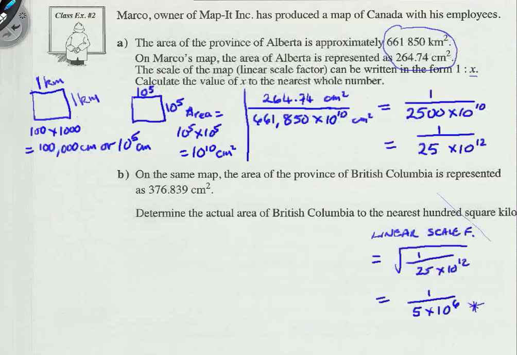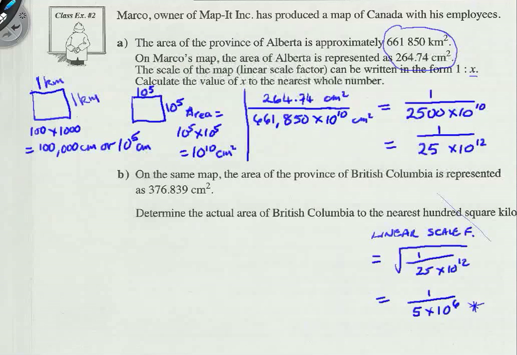Part B: on the same map, the area of the province of British Columbia is represented by 376.839 square centimeters. Determine the actual area. Well, we can use this area scale factor. 1 on the map is equal to 25 times 10 to the 12 on land. So if this is what's on the map, we just have to multiply it by 25 times 10 to the 12.